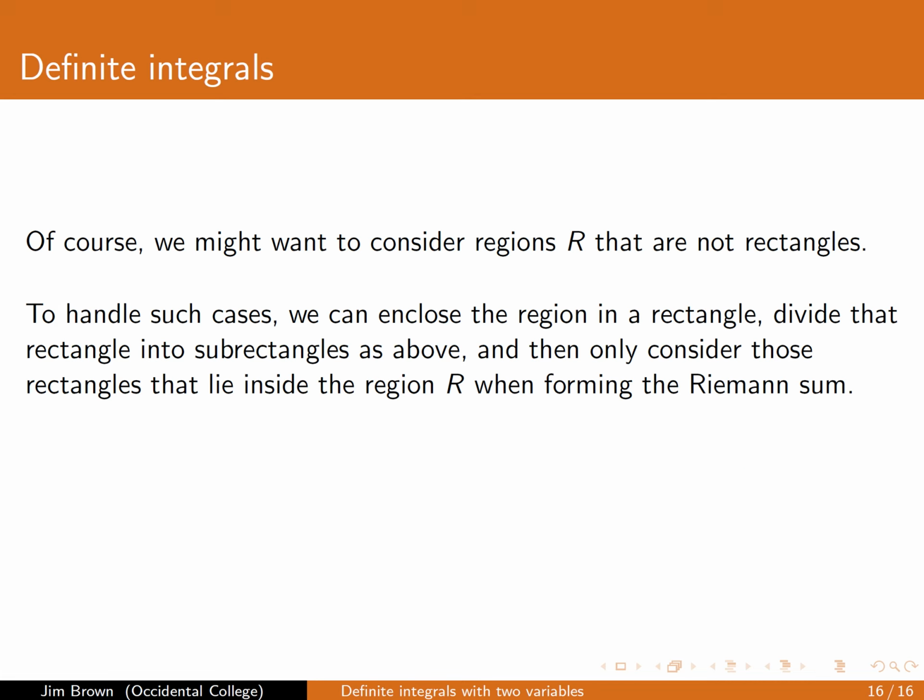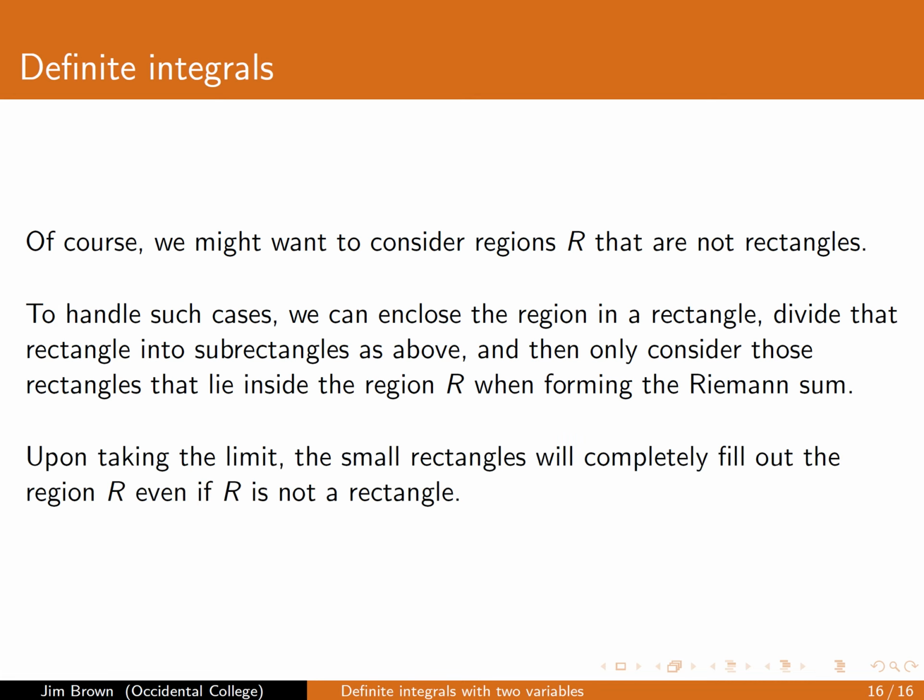But as we get more and more rectangles, they'll completely fill out the region, even if it's not a rectangle. So you're always going to be missing a little bit, but in the limit, you'll get all of it. So that sets up what we're looking at in terms of integrals of two variables. Like I said, we'll see how to actually evaluate these in class when we look at iterated integrals and actually do some calculations.